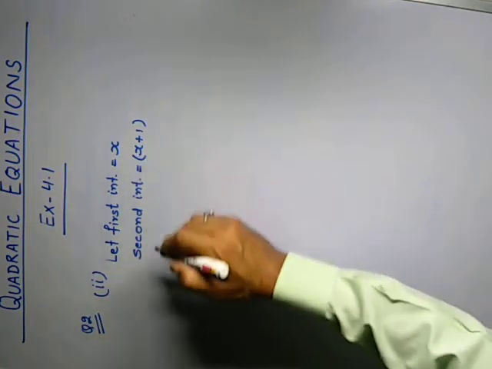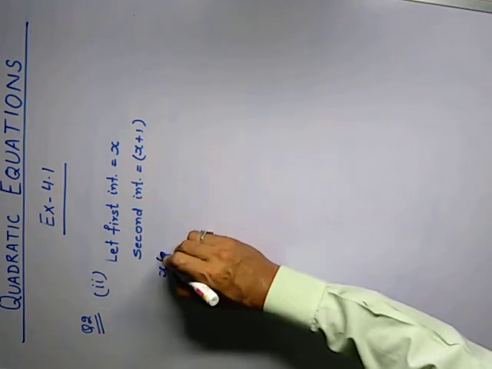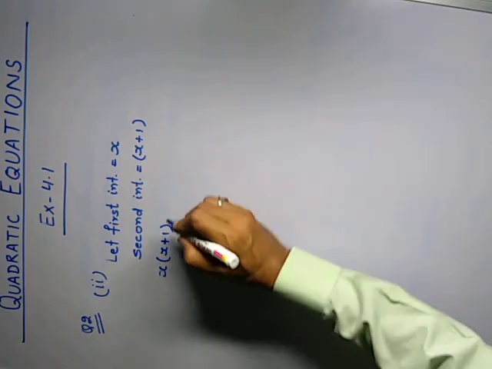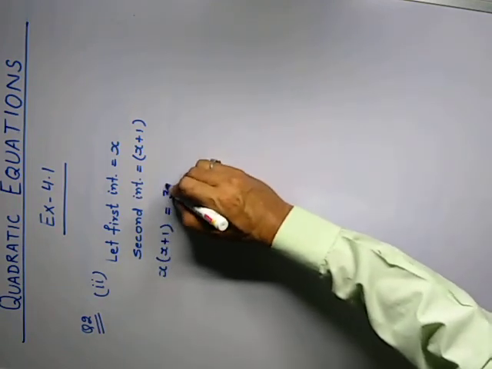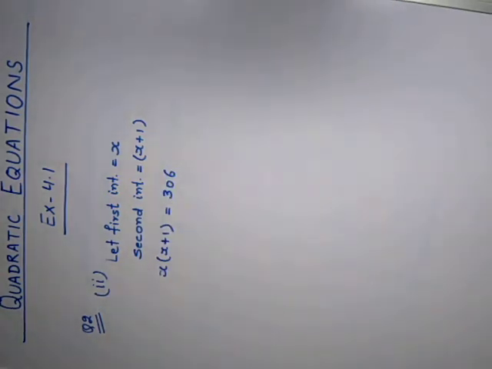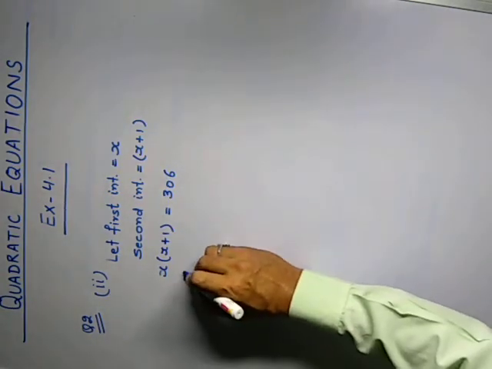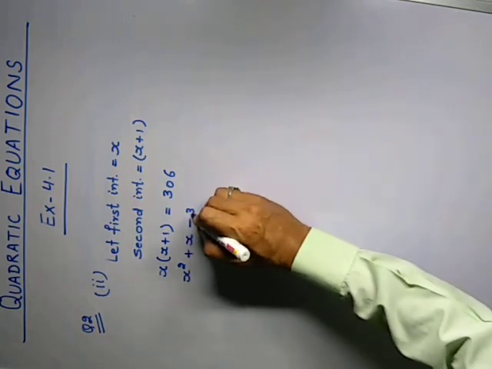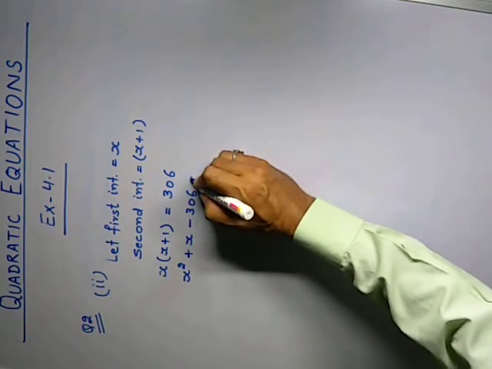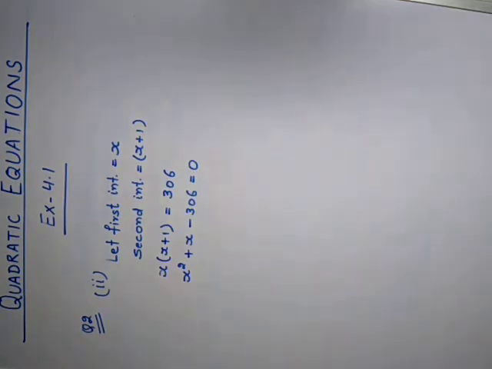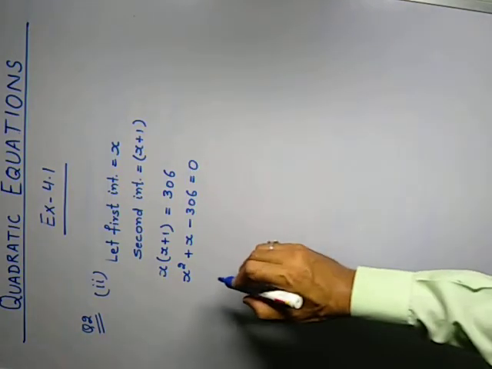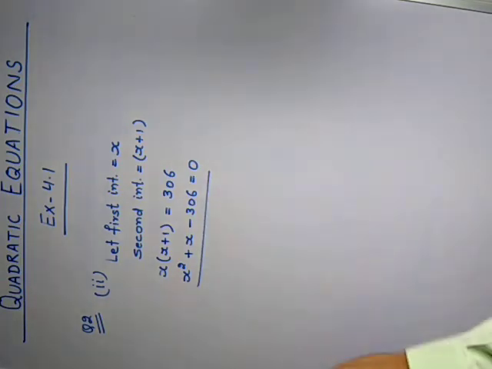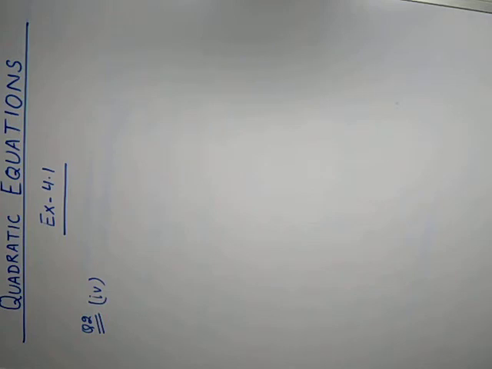According to question, their product is equal to 306. Now if we open the bracket, x square plus x minus 306 equals 0. So this is the representation of given word problem in terms of quadratic equation.